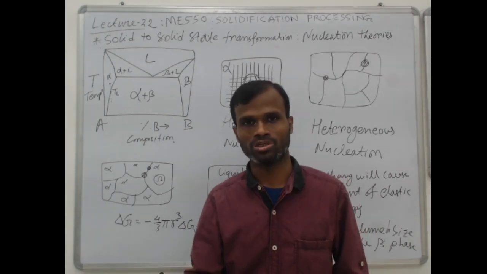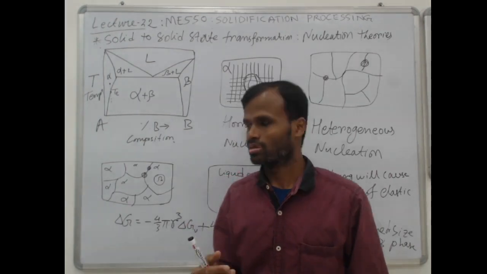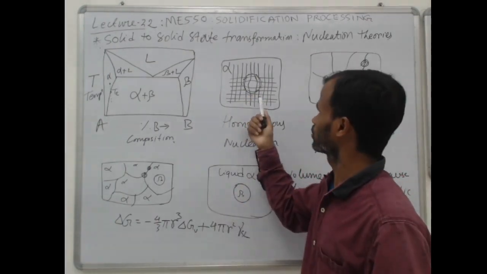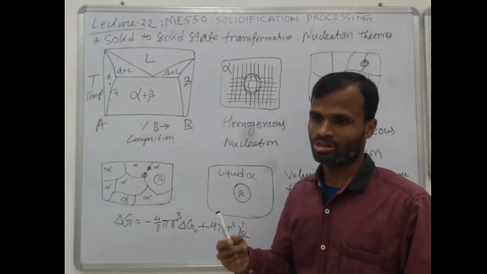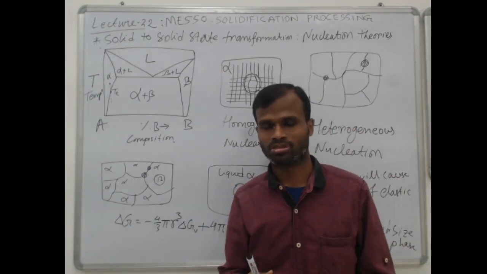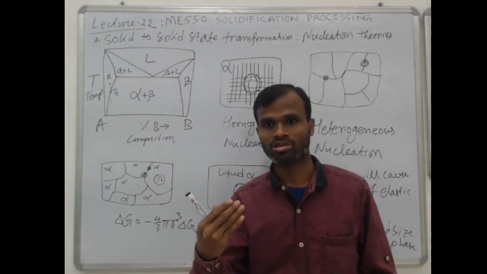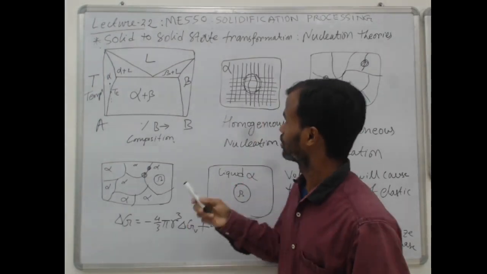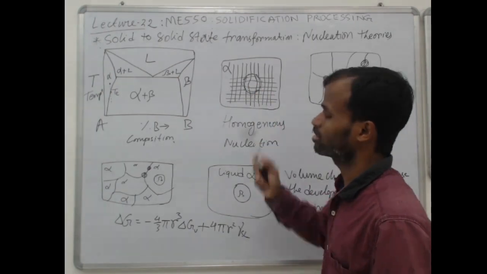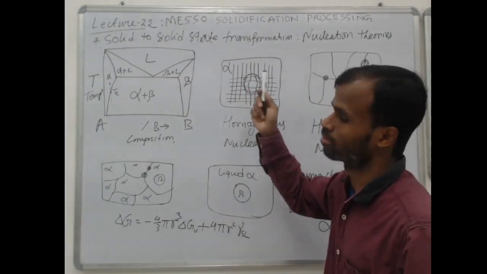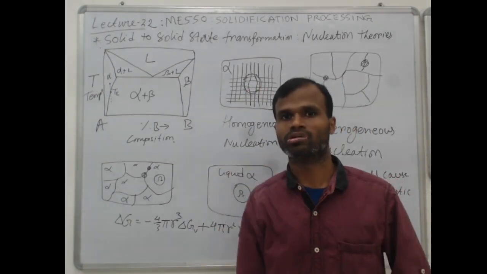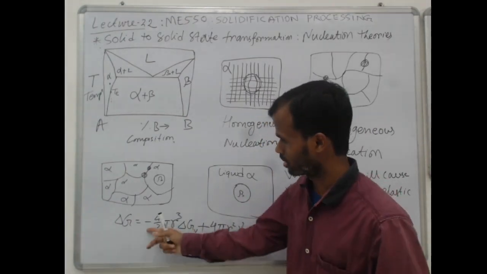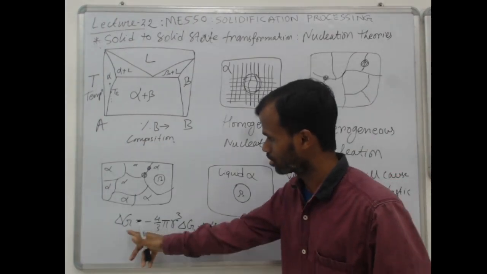In summary, when you have solid to solid phase transformation, because the density changes due to the change in crystal lattice parameter, there will be the development of elastic strain energy, which is proportional to the volume of the phase being nucleated. This elastic strain energy will provide some additional resistance to the nucleation.